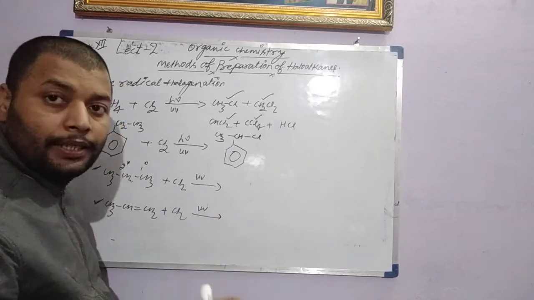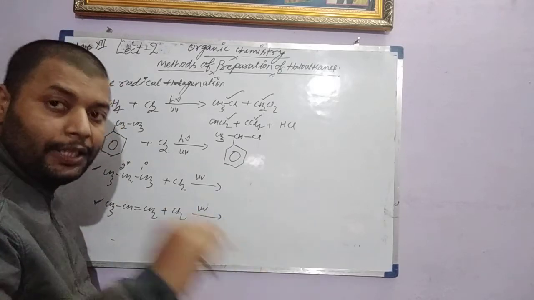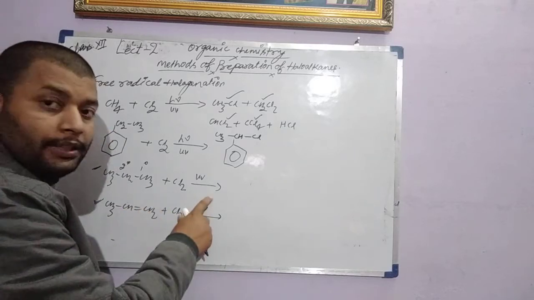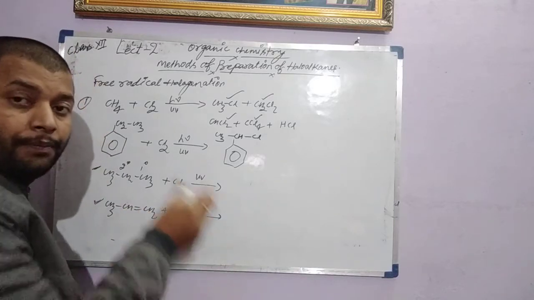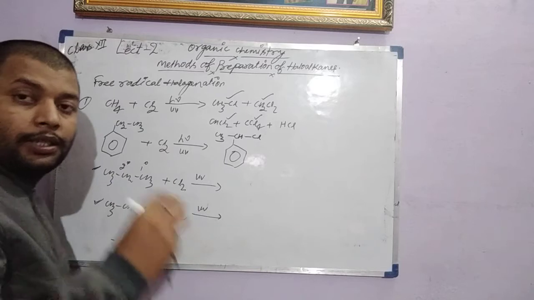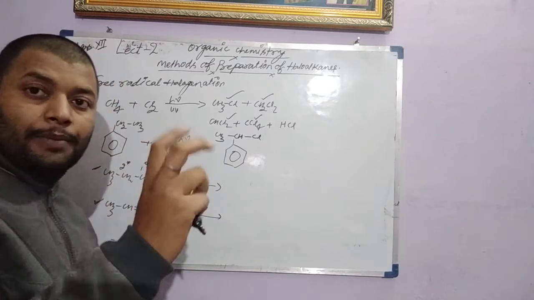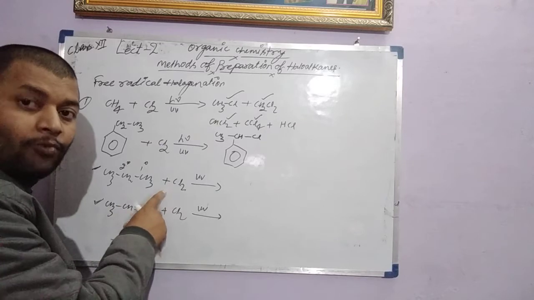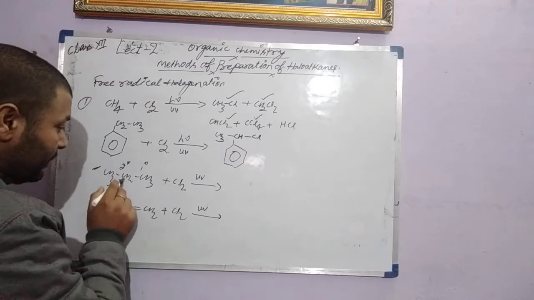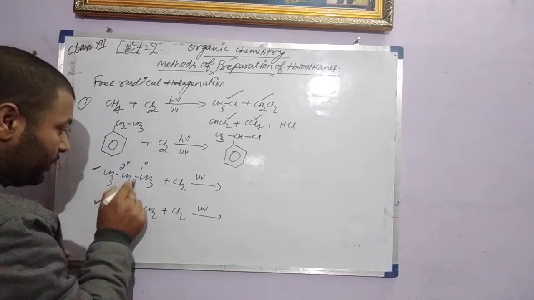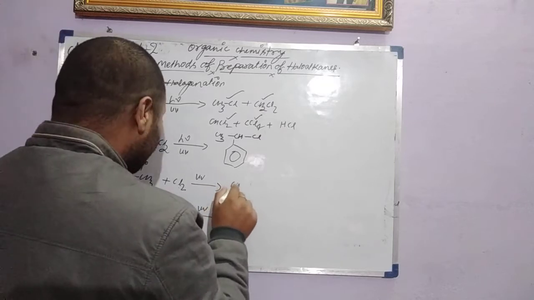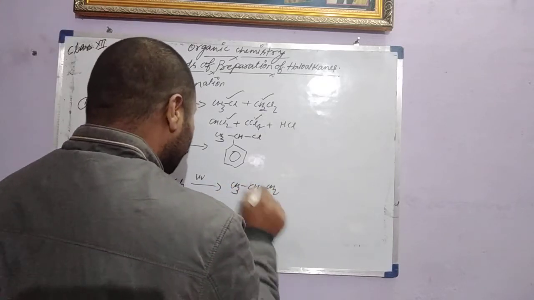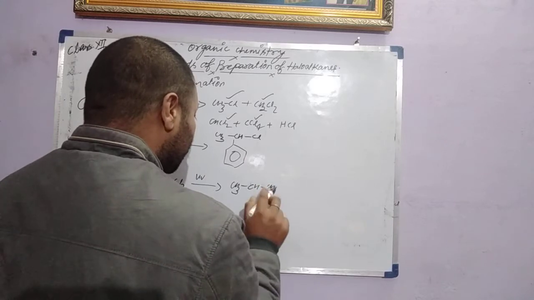A 2-degree free radical is more stable than a 1-degree, because during the reaction a free radical will form, so you have to learn the stability of the intermediate. So chlorine will substitute the hydrogen from the 2-degree carbon first and form the major product. In examinations, the major product is really important.